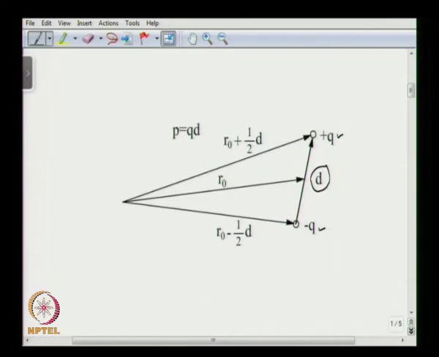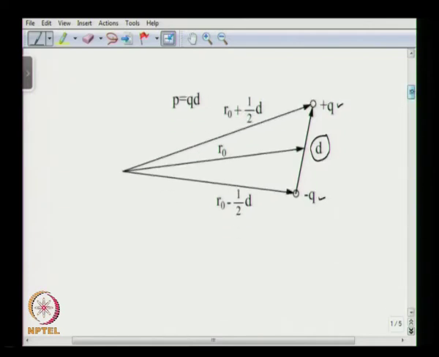Okay, so we saw that the potential distribution phi total at some distance r will be B cos theta over r square plus phi rest r.